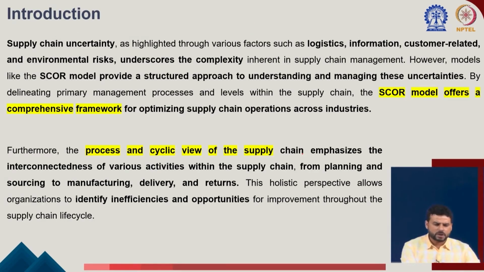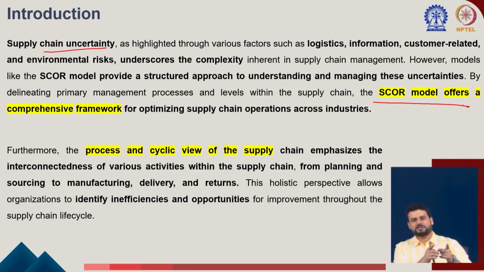So we talked about supply chain uncertainty or demand uncertainty which can come through your supply chain, and we will see how this core model offers a comprehensive framework starting with your first supplier, suppliers of supplier, through your manufacturer, distributor, warehouses, and then finally to the end consumer. We will see how it helps you mitigate those uncertainties.